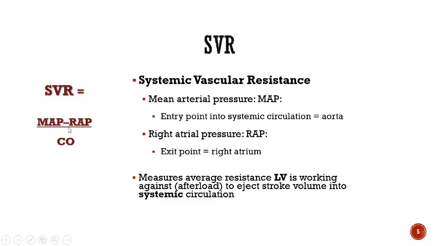So you have MAP minus RAP divided by cardiac output. Okay, I know this probably seems goofy when you're just starting to talk it through. But again, if you can imagine, the entry point in systemic circulation is your left ventricle trying to eject blood into your aortic artery, right?